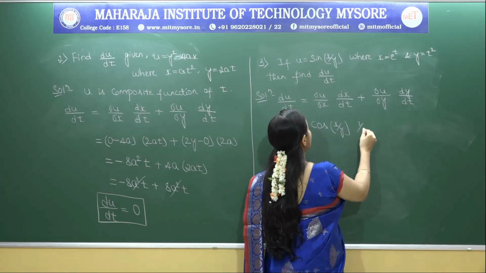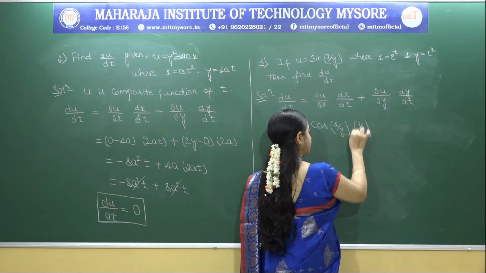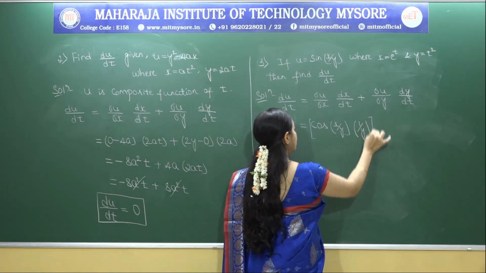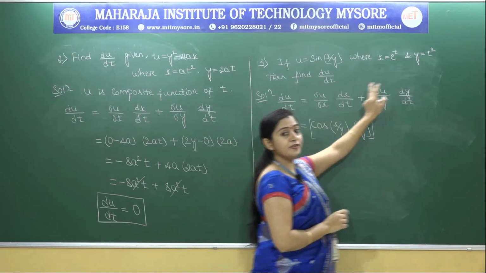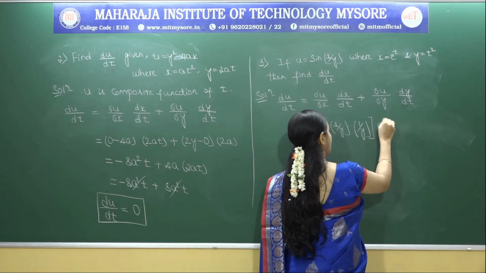So we will get 1 divided by y. This is the first part, del u divided by del x. Next, dx by dt, you differentiate x with respect to t, e power t differentiation is e power t.